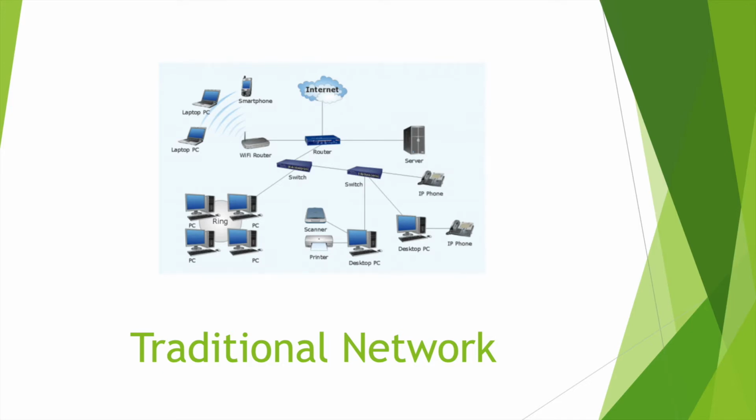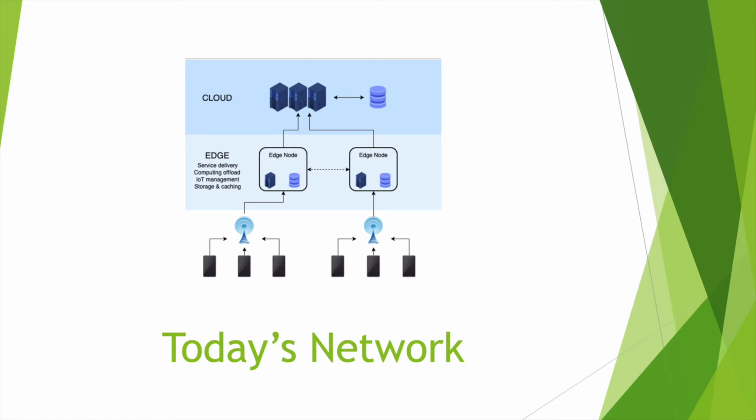This used to be a traditional network where everything is tied in and you don't see most of the new stuff. The network has evolved, and today's network looks something like this. You see a couple of end devices at the bottom of the diagram, connected to multiple edge devices.